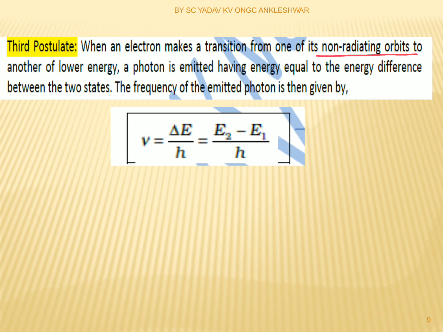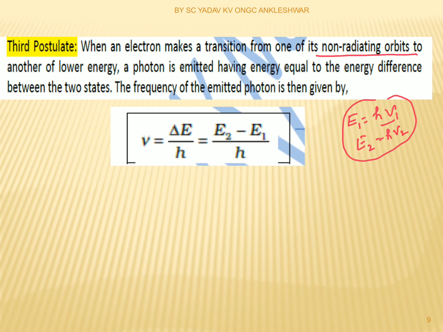These are the postulates, and on the basis of these postulates, as you know from Planck's quantum theory, E is equal to h nu. Suppose E1 is equal to h nu 1, E2 is equal to h nu 2. So you can say that while changing the orbit state, the energy changes, and we can calculate the difference in energy levels also.